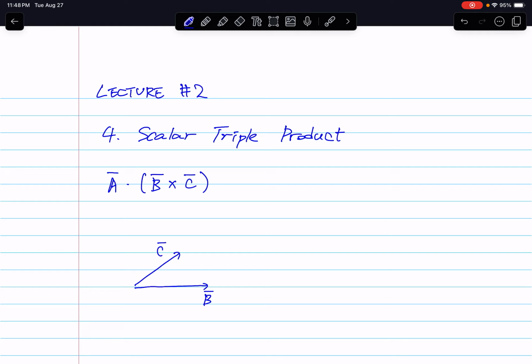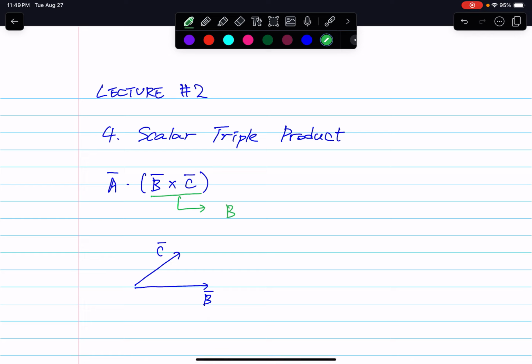So if you write B cross C, then what we're going to do is multiply B and C and sine theta BC, where theta BC is over here. Okay, that's the angle between vector B and C.